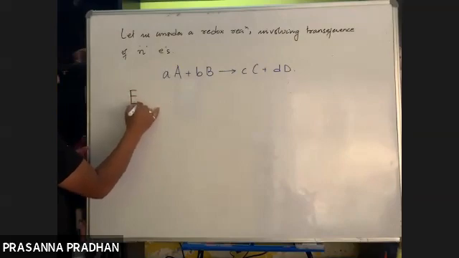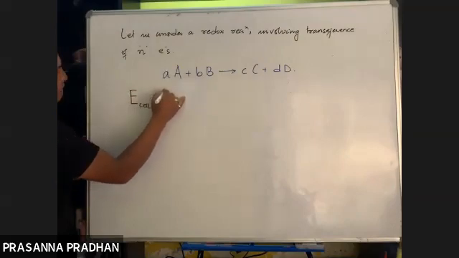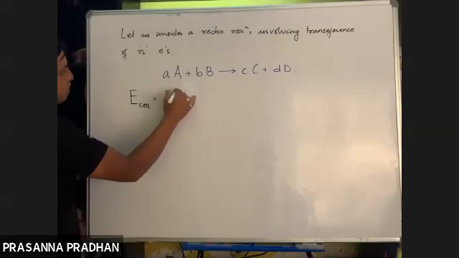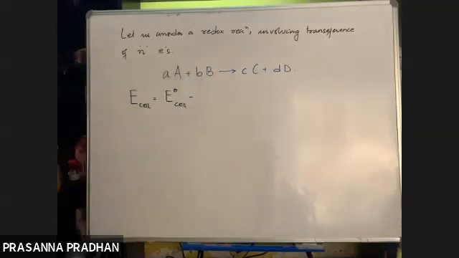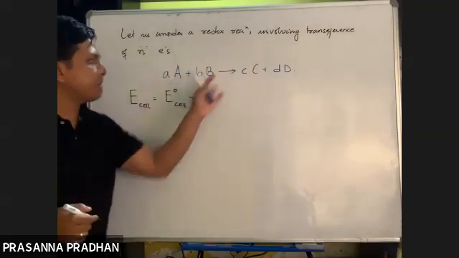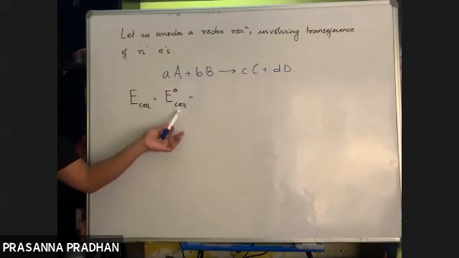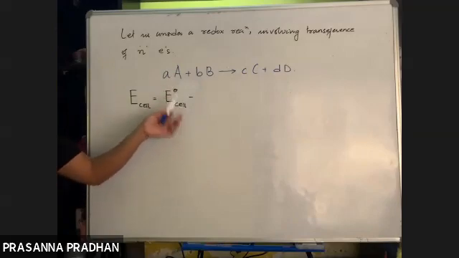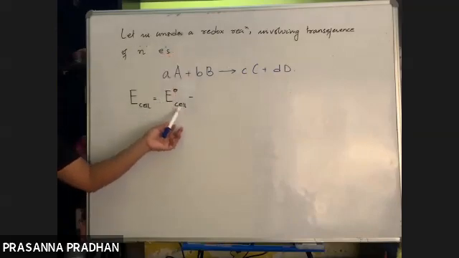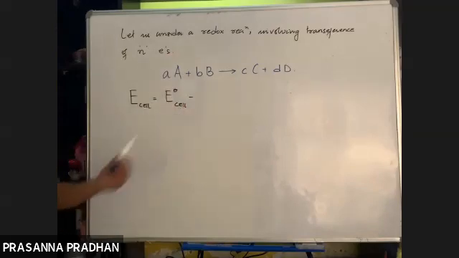E cell is going to be equal to E naught cell. Now remember, this is not an electrode reaction. This is a redox reaction. Here both oxidation and reduction are taking place. So how do you calculate this E naught cell? Again the same formula: E naught cell for a redox reaction is equal to E naught cathode minus E naught anode. We will be applying this formula to calculate E naught cell.